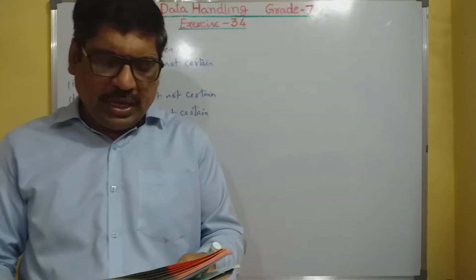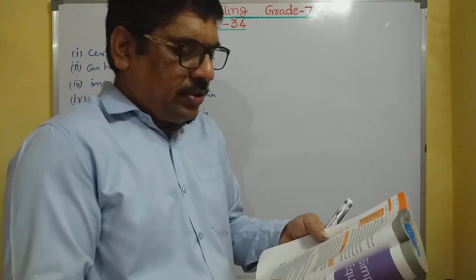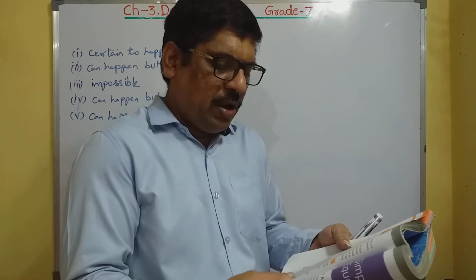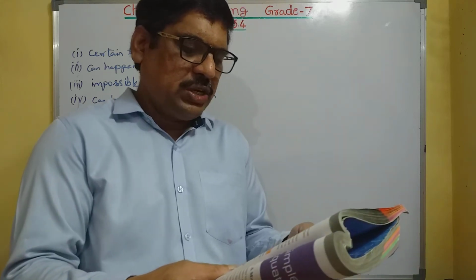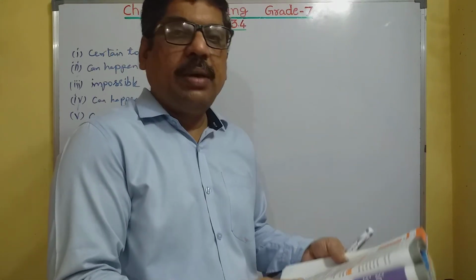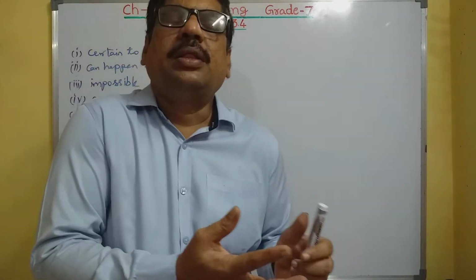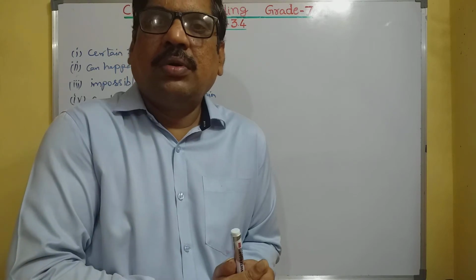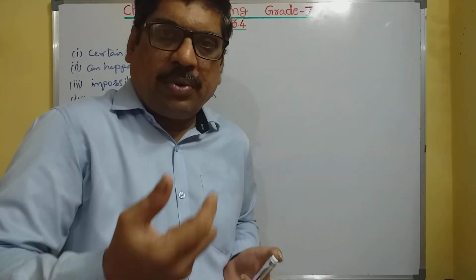Now let us go with the second problem from exercise 3.4. There are 6 marbles in a box with numbers from 1 to 6 marked on each of them. What is the probability of drawing a marble with number 2? For example, have you ever played the game Jaldi 5, or we call it Tambola? So we have many numbers, up to 90 numbers I think.